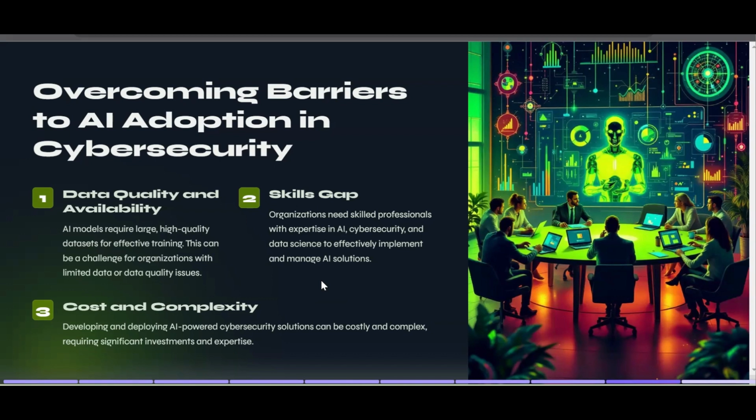Number three is the cost and complexity. Developing and deploying AI-powered cybersecurity solutions can be costly and complex, requiring significant investment and expertise. Yes, it is true. Because cybersecurity solutions are not talking about 100 or 1,000 pounds.